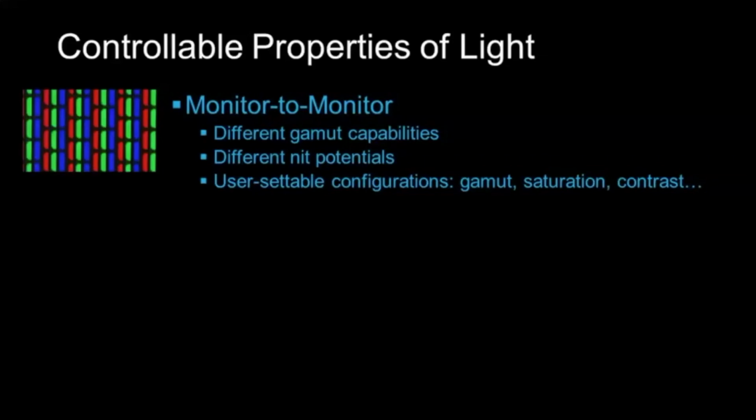So every single display brand, and even within the same brand, you're going to have different gamut capabilities with your RGB. There's different nit potentials between sources, so some are brighter than others. Some deal with contrast better or worse than others. Things like OLED technology versus LED backlit, right? For as many brands and models as there are of monitors, there are an equal amount of discrepancies.